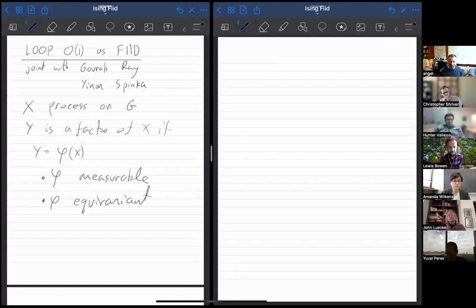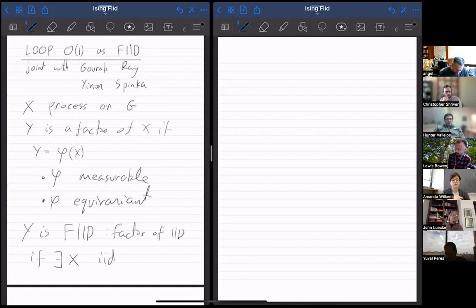So that's a factor of IID. Especially interesting for us are factors of IID. Y is a factor of IID if there exists some process X, which is just a process of IID variables, and Y is a factor of X. At least on Z^d, every process can be written as a factor of IID, and you can also achieve the entropy.